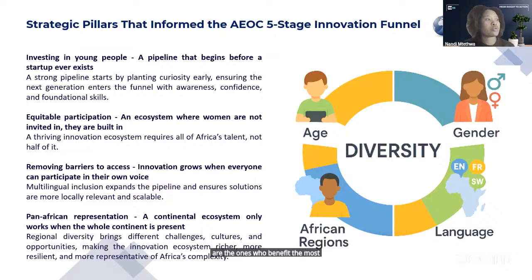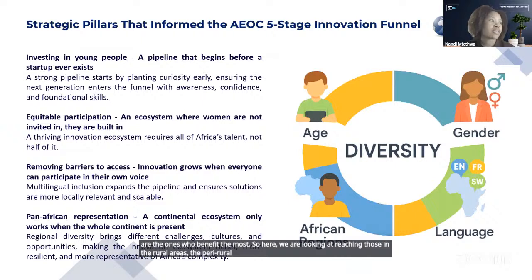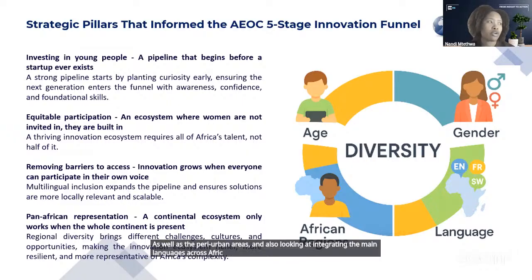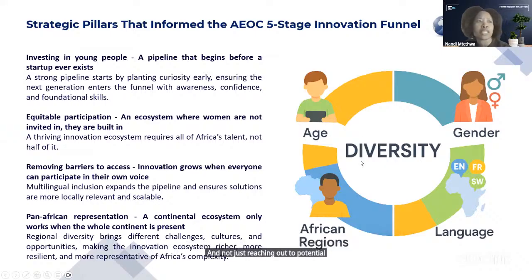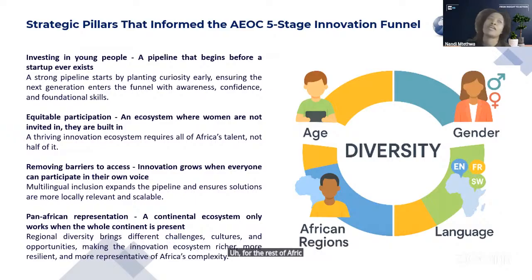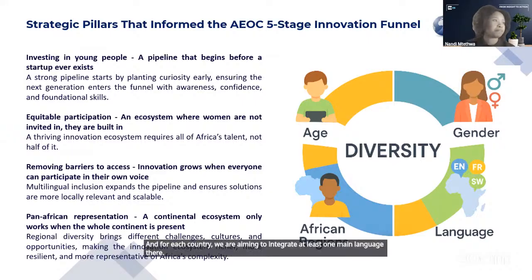So here we are looking at reaching those in the rural areas, the peri-rural areas, as well as the peri-urban areas, and also looking at integrating the main languages across Africa and not just reaching out to potential participants in English. So looking at integrating French as well as Swahili for the rest of Africa. For here at home, obviously, that would be isiZulu for Southern Africa. And for each country, we are aiming to integrate at least one main language there.